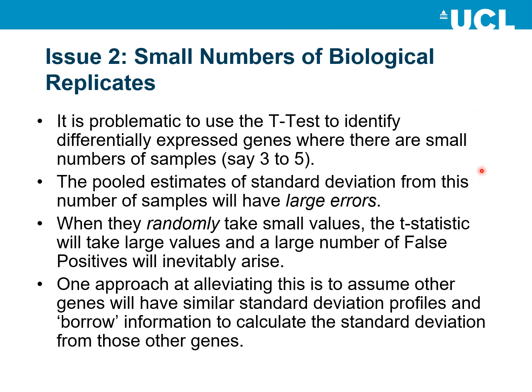Now this sort of breaks down when we have the standard errors calculated from a very small number of samples, say 3 to 5, because then the actual error on the standard error can be very large, and every so often that standard error may become very small by statistical chance.